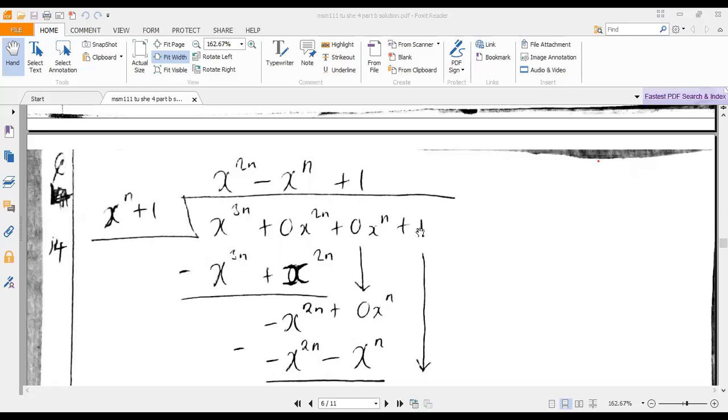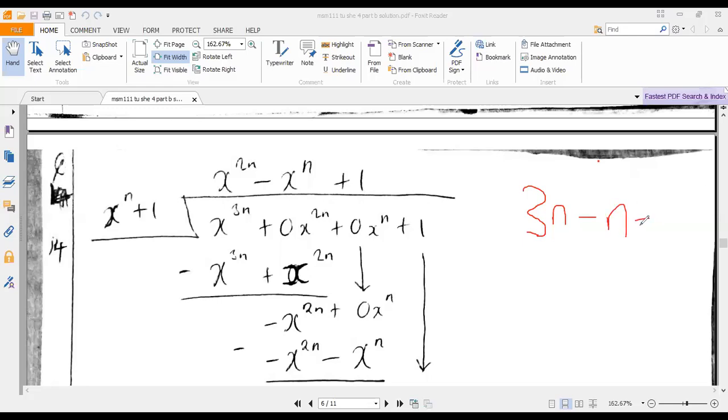So now what your next job is, since you have arranged them properly, in descending powers, right? So we have x to the power 3n. So we reduce this guy by n, right? So we have x to the power 2n. This is the 3n, isn't it? This is the power. So this power will be reducing by n.